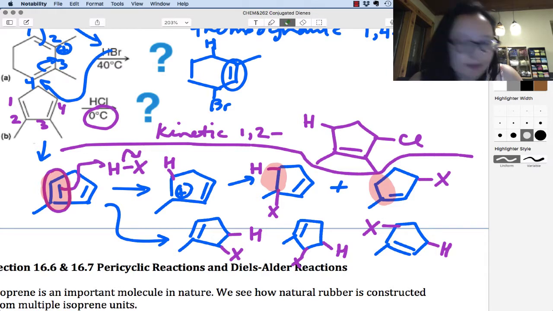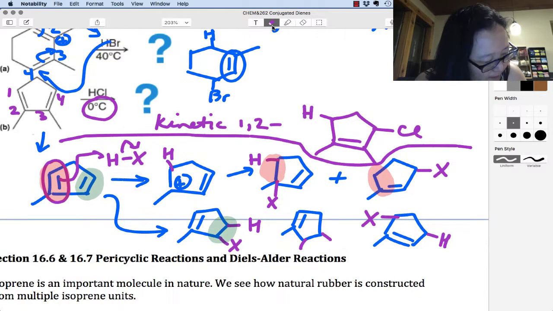Now, in a different color, let's consider the two products if I react this double bond with the HX. Then I can get this HX addition here, or because these are both secondary, perhaps the carbocation reversed. Maybe I added the H over here and the X over here, right?